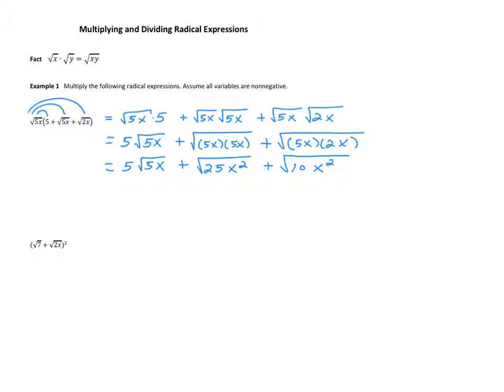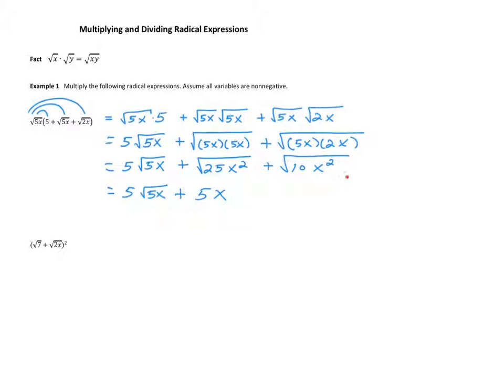I'm noticing here that we ended up with a 25 under a square root and an x squared under a square root. Taking this property backwards, you can square root the 25 and the x squared nicely. So I'll leave this first 5 root 5x alone, but here the square root of 25 is 5, and the square root of x squared is just x.